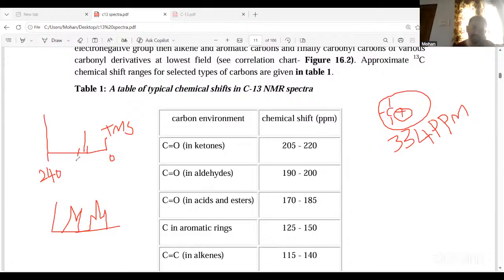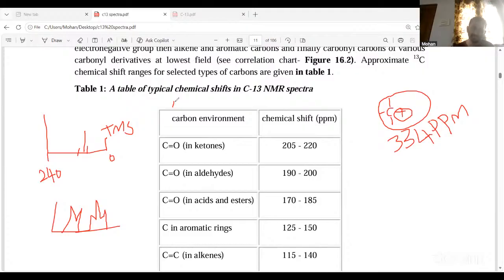This kind of pattern is observed in C13 spectra, as we discussed offline, in the types of C13 spectra. We have the BBD spectra, OFD spectra, and selective decoupled spectra. BBD spectra means all the couplings, homonuclear or heteronuclear, are removed, so you get one signal for each carbon.